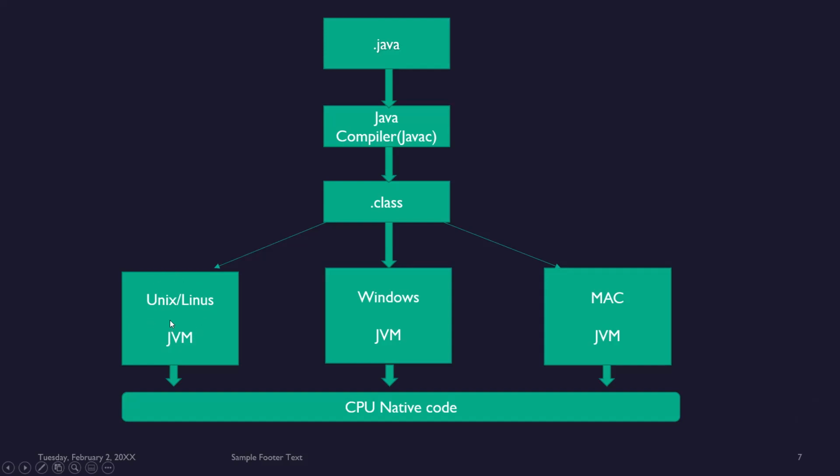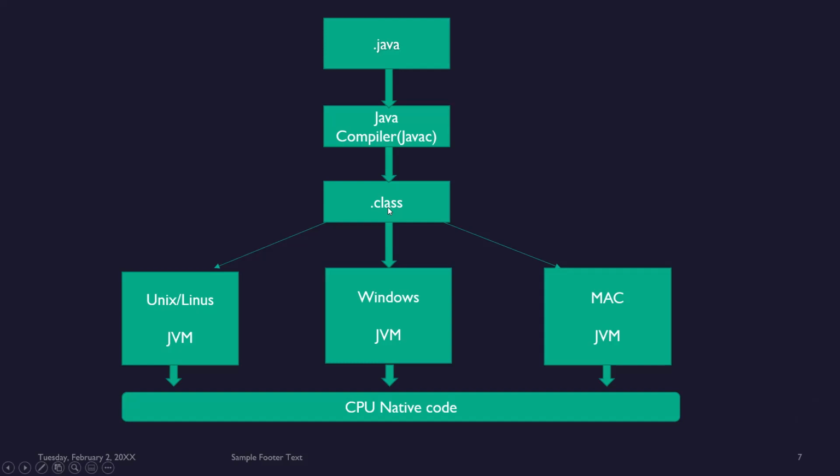You will write your code only once and compile it. After compilation, it will generate a .class file, and this .class file is platform independent because it is the same for all platforms.